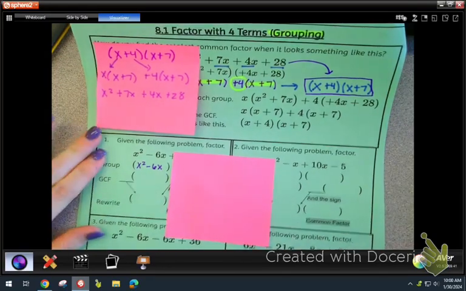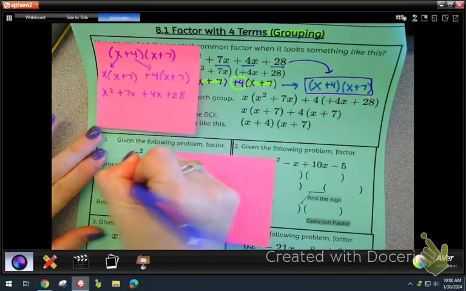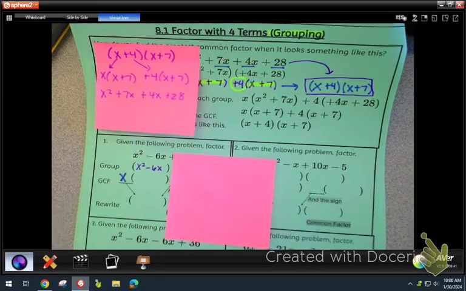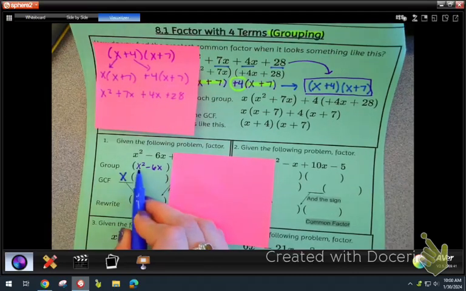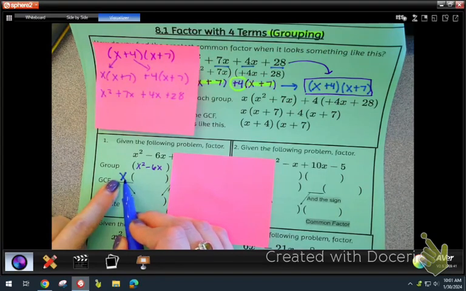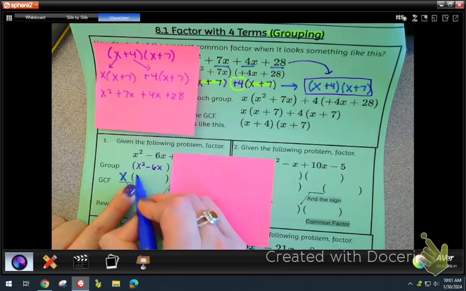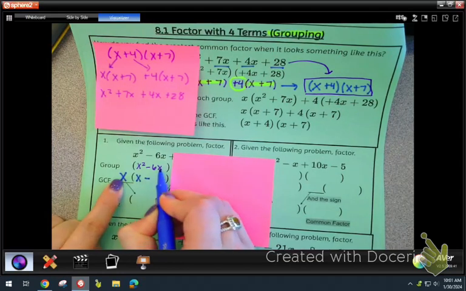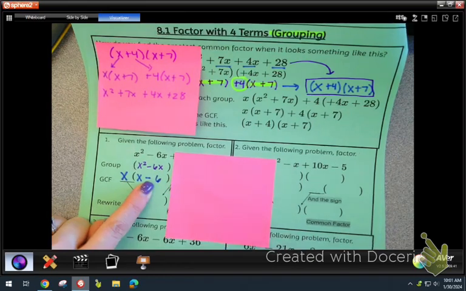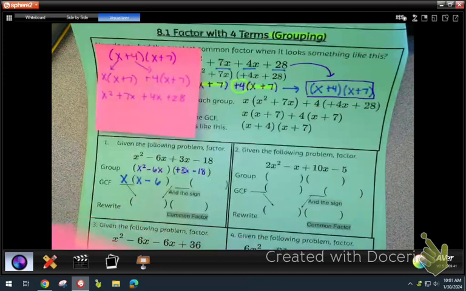X. So where does it go? In the front. Y'all, every single time you do this, the first group, you are able to take out an x. Every single time. Because it's always going to be an x squared and a something x. So when I take out my 1x, what's going to be left in here? X minus, take out the x. What's left in here? 6. Very good.